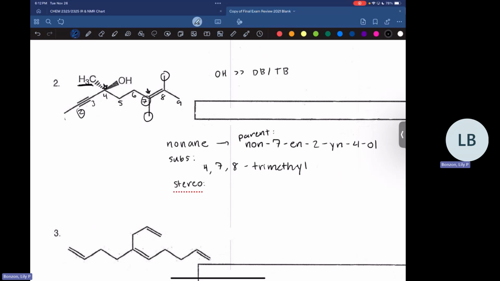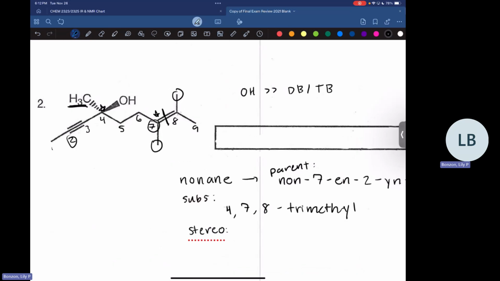So starting with the double bond on the far right of the structure, if we cut that molecule down the middle of that double bond, if you look to the right side, you'll notice that both of the groups on the right are methyl groups. And so whenever we have the same group coming off of that same side, we can't assign a priority between them because they're the same group. So because of that, we will not have E and Z for this double bond.